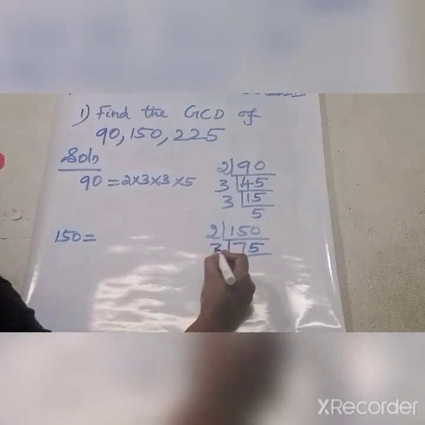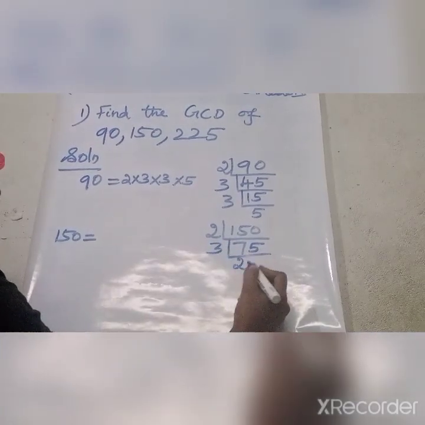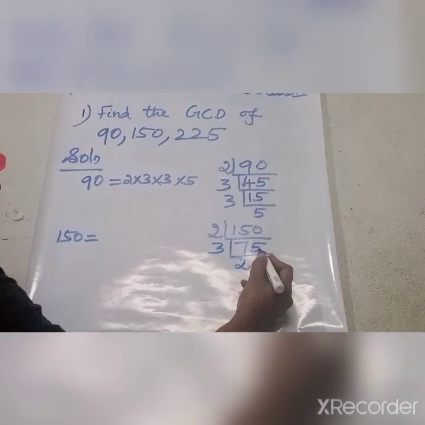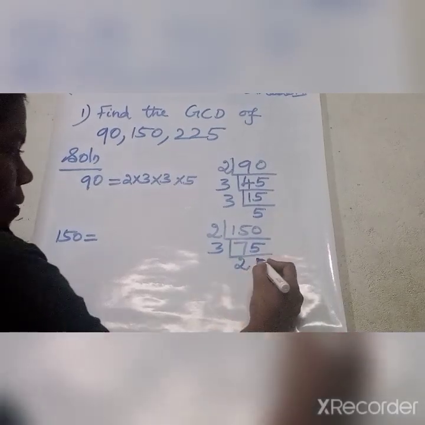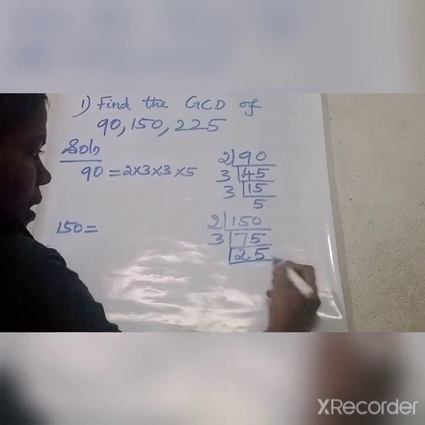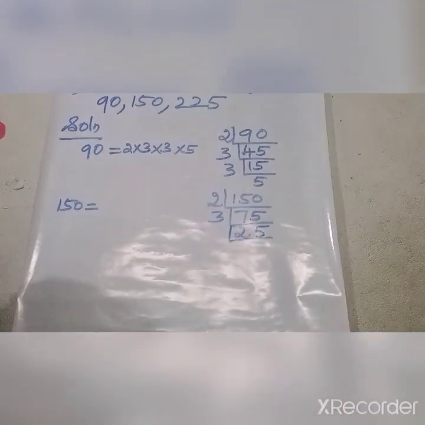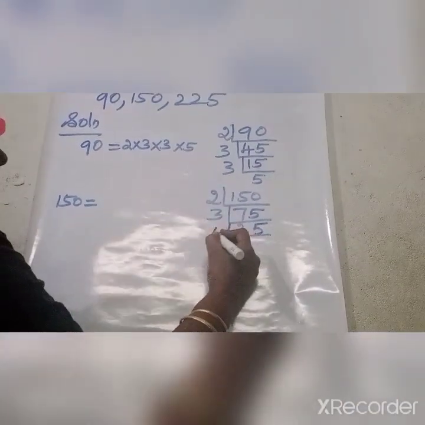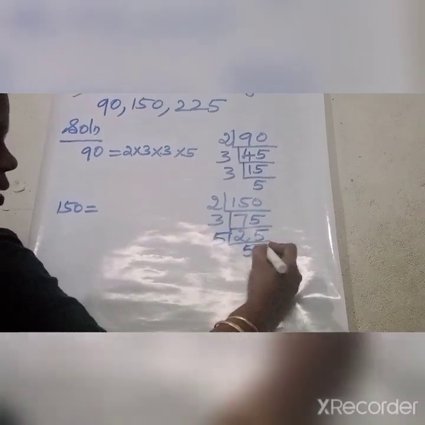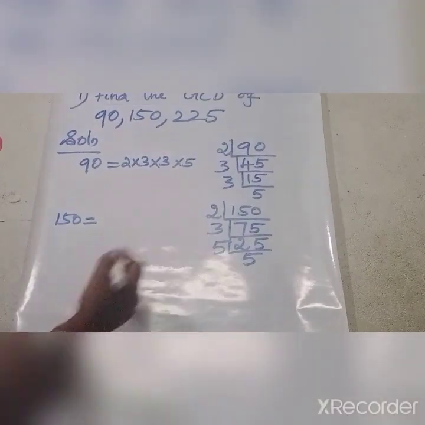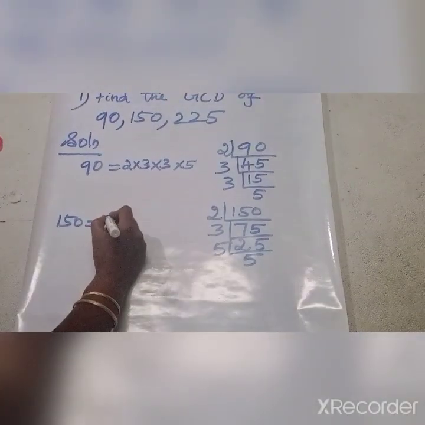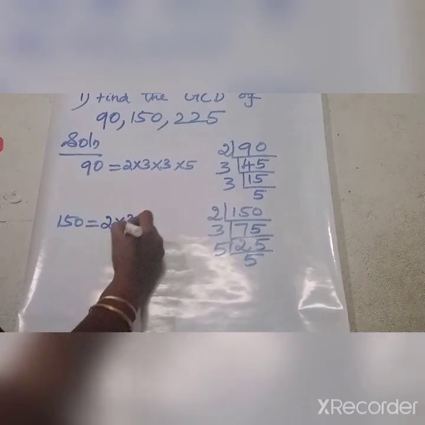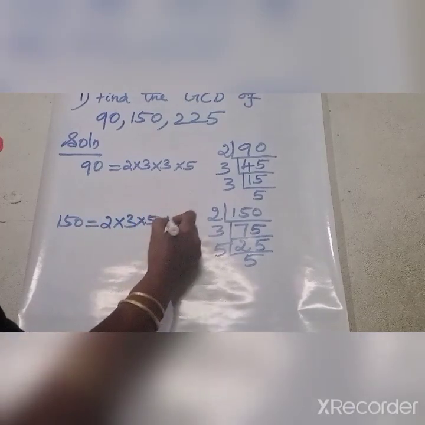So move to the 3 table. 2 3s are 6. One balance is there, 1 and 5, consider 15. 5 3s are 15. Next, 3 table is not possible. Move to the next prime number, that is 5. 5 5s are 25. So it can be written as 2 into 3 into 5 into 5.